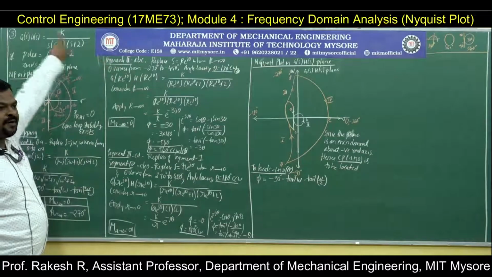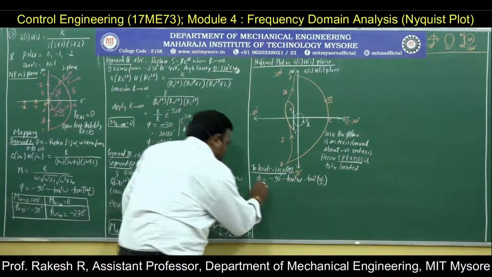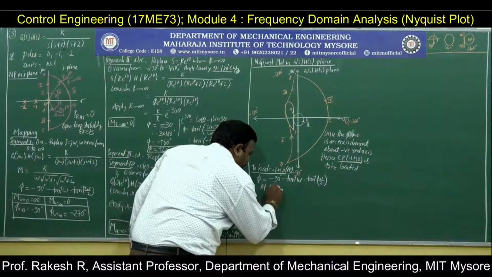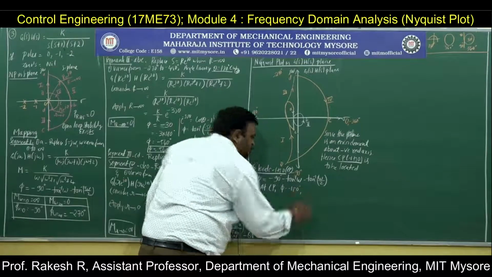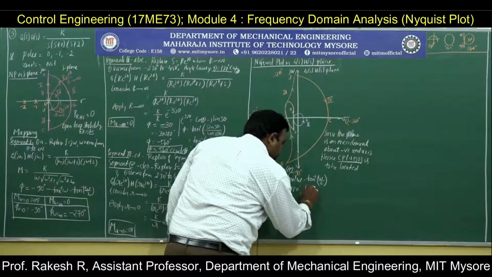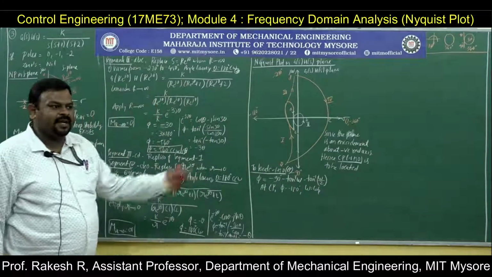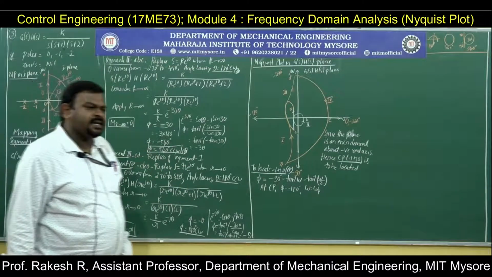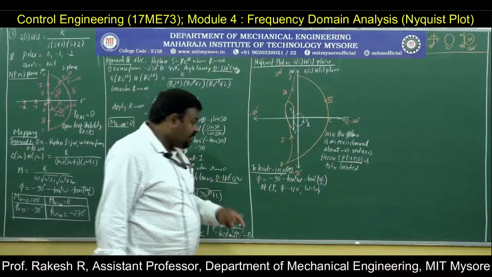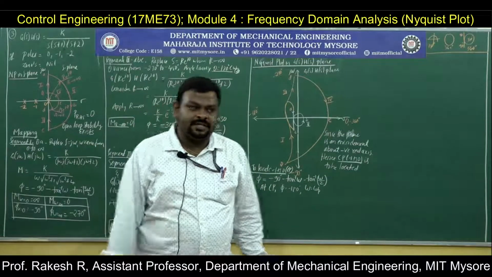At the critical point, the phase angle will be minus 180 degree and omega is equal to omega p. This is the condition we have obtained. So that means we are calculating the phase crossover frequency.